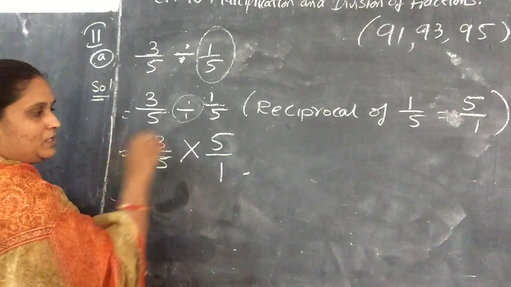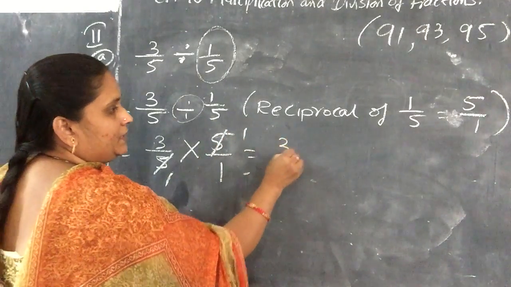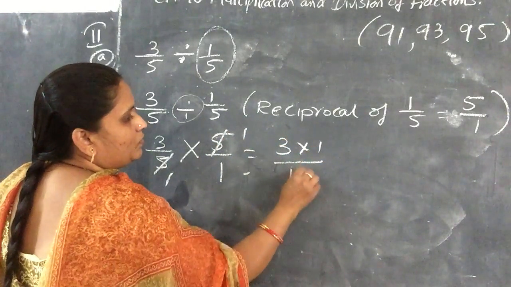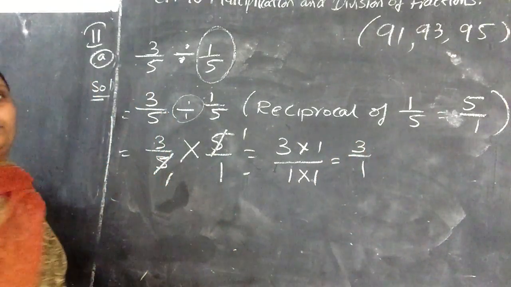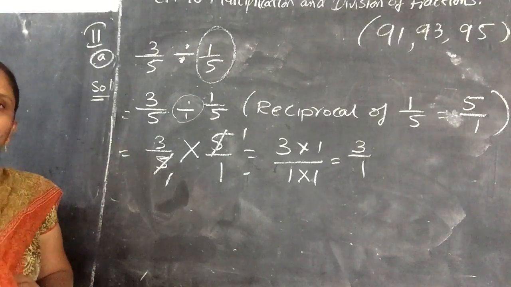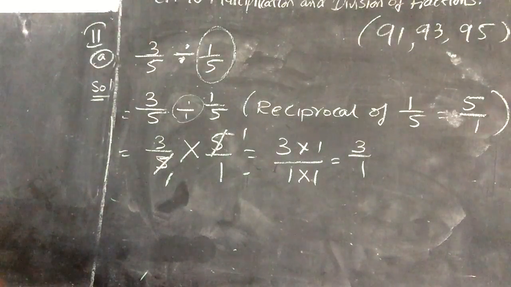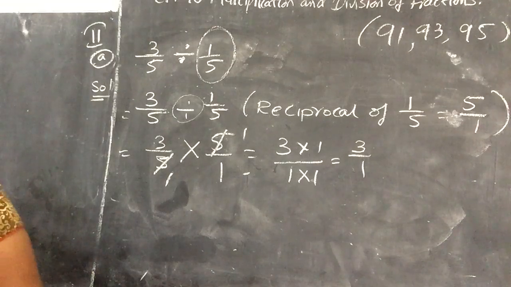Now do the cross division. 5 ones are 5, and the leftover will be 3 into 1 by 1 into 1. 3 ones are 3, so 3 by 1.